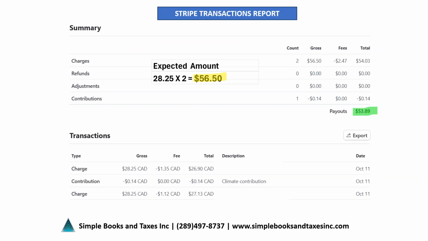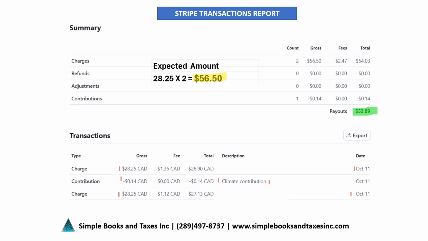And now let us review the Stripe transactions report to better understand the details of the transactions that were automatically created by the system. So as we can see, invoice number 1 was charged on October 11, and invoice number 2 was charged on October 11. The only difference was an extra one-time charge for the climate contribution to one of the invoices.